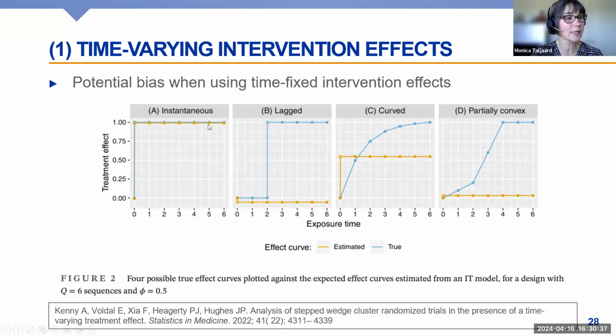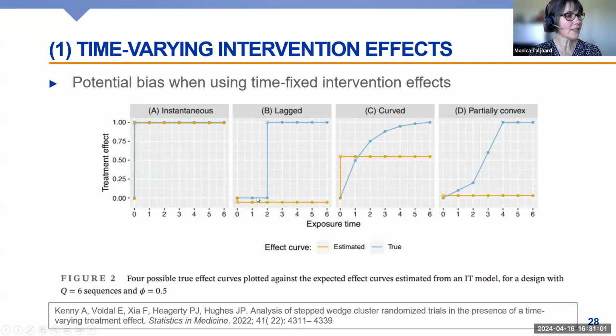So essentially what they did is they simulated data under different types of intervention effects. The blue line is the true intervention effect. So you can see in the first diagram, the intervention is introduced and it works immediately and it keeps working. So this is the standard assumption, an instantaneous intervention effect.